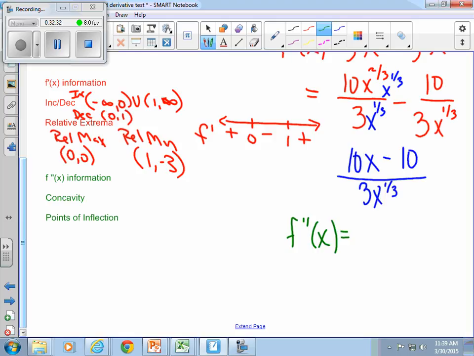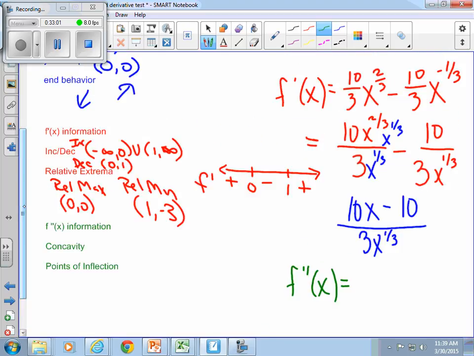Second derivative. Okay, the second derivative. This is where it really comes in handy that you've made this just a power rule problem, so that you just have to do power rule again.